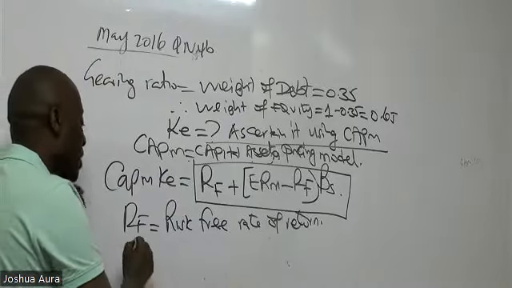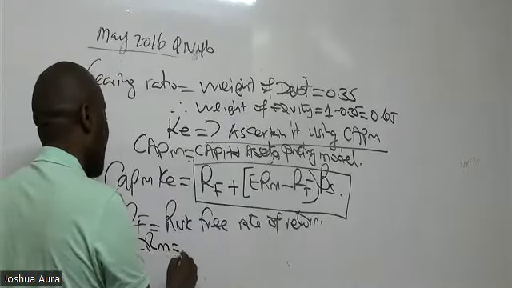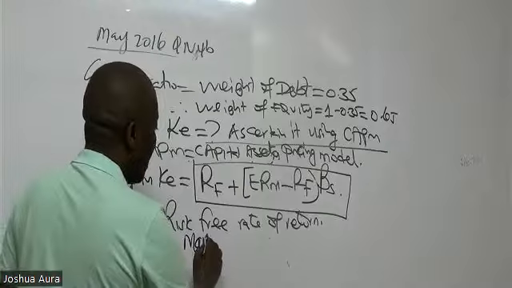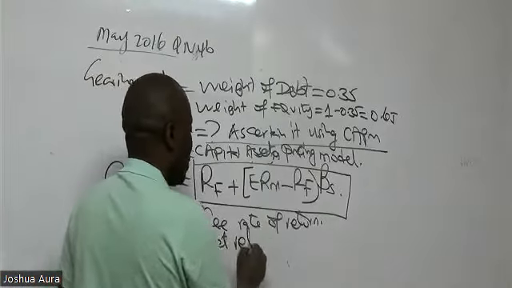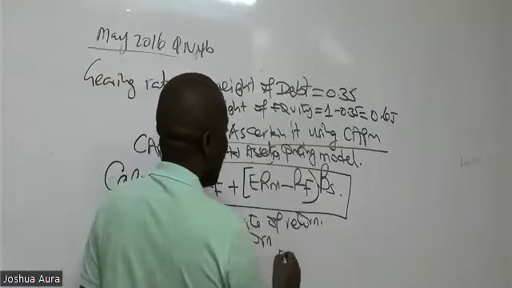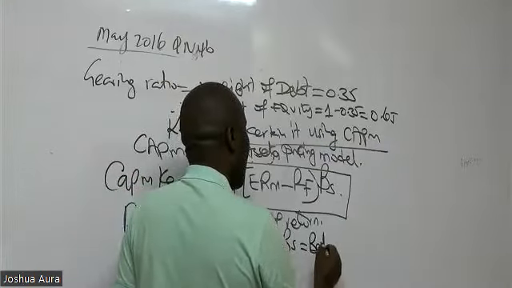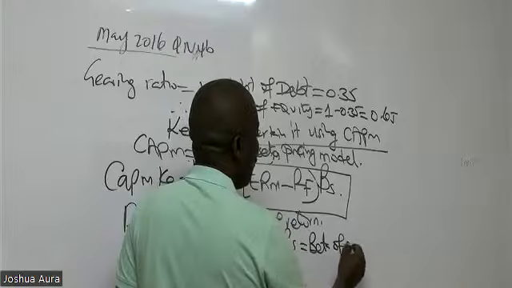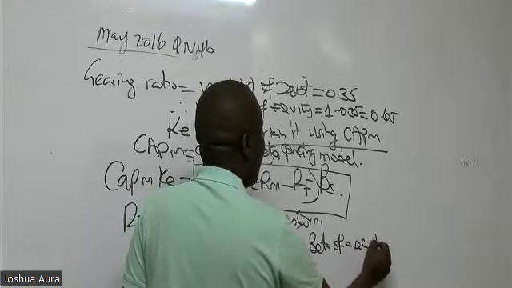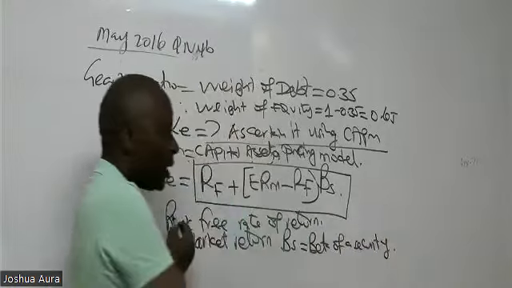And then we have ERM. ERM is the market return. Just call it market return. And then we have BS. BS is beta of a security.